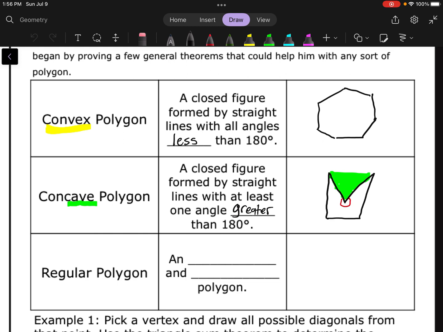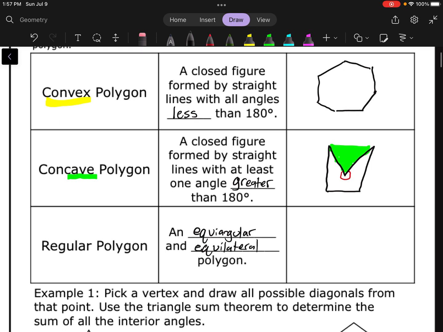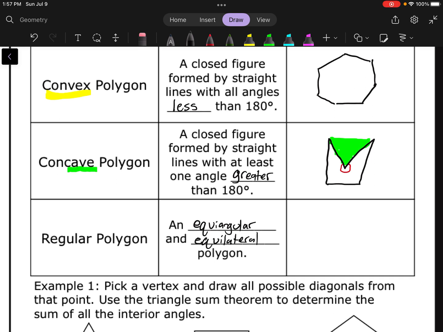And then one last term here, we've got a regular polygon. A regular polygon is an equiangular and equilateral polygon, meaning that it has all angles that are equal and all sides that are equal.